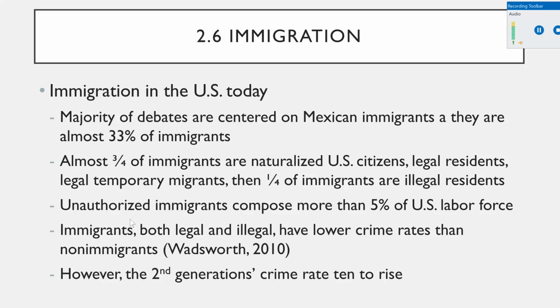Almost 75% of immigrants are naturalized U.S. citizens, legal residents, or legal temporary migrants. So it means that 25% of the immigrants are illegal residents. The unauthorized immigrants compose more than 5%.